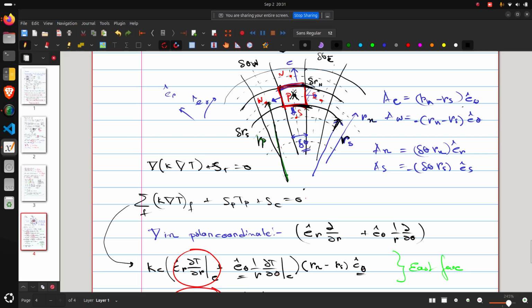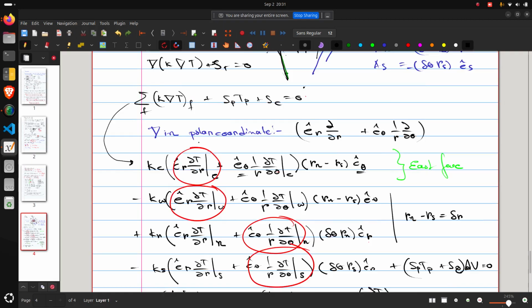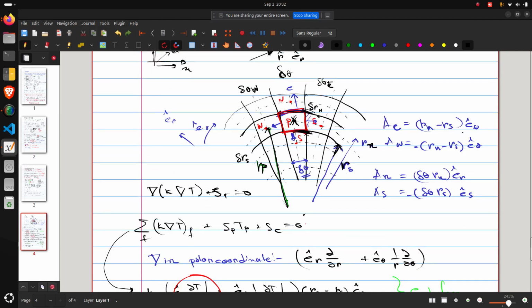All the small letters that we will be using are for the face values, and all the capital letters will be for the centroids. Yes. Because this is the face, right?